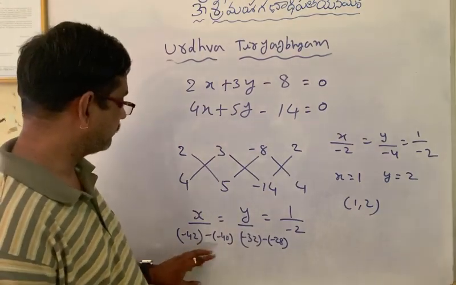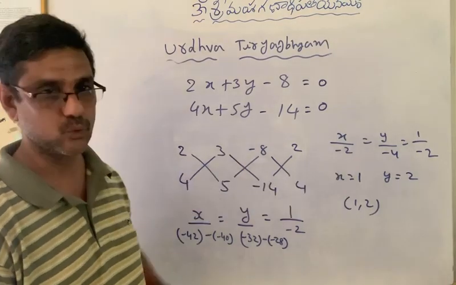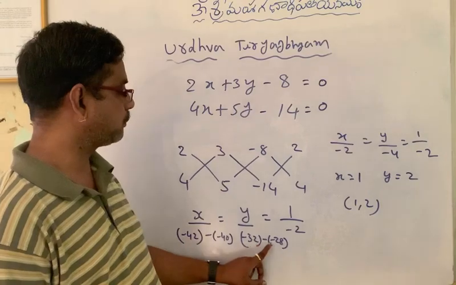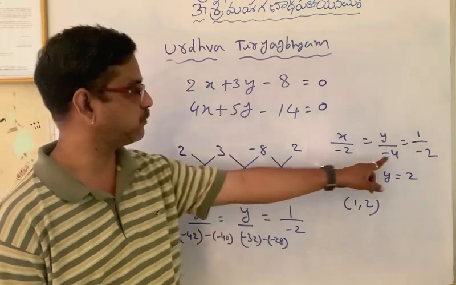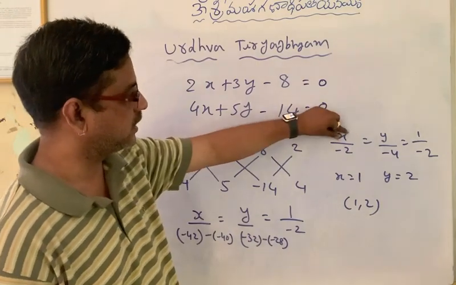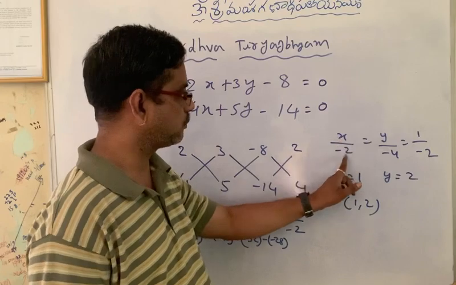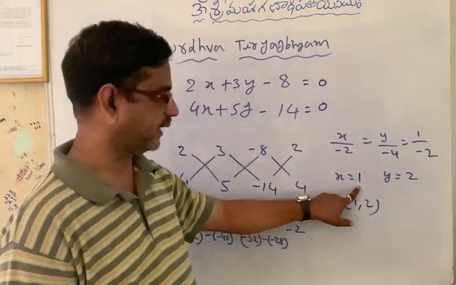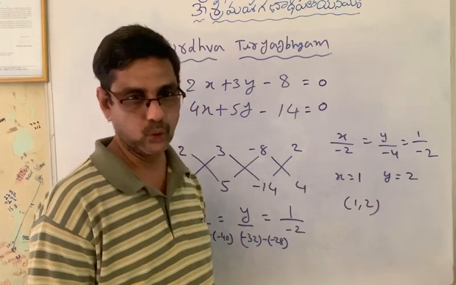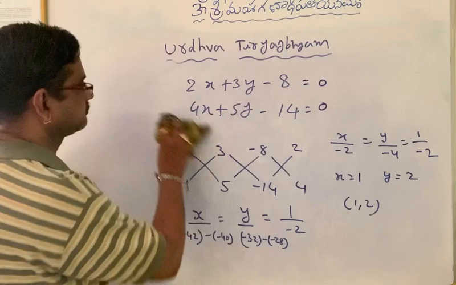When we simplify, x is minus 42 plus 40, which is minus 2, and y is minus 32 plus 28, which is minus 4, and 1 by minus 2 as it is. To find the values, x is equal to minus 2 by minus 2, that is 1. y is equal to minus 4 by minus 2, that is 2. So the common solution is 1 comma 2.